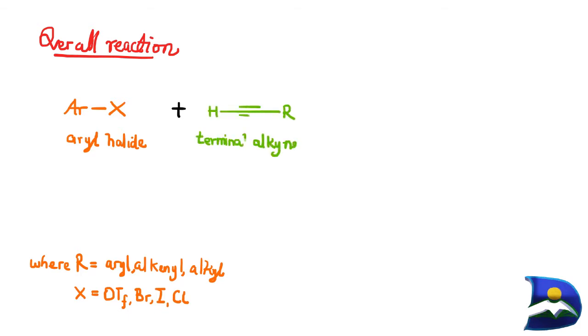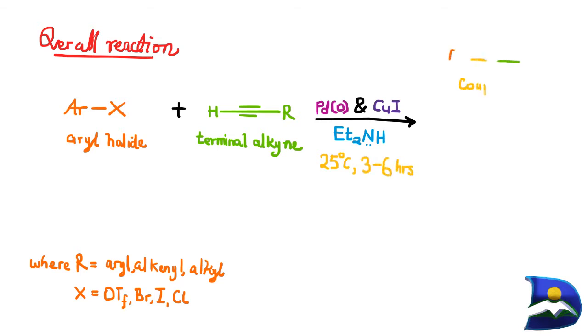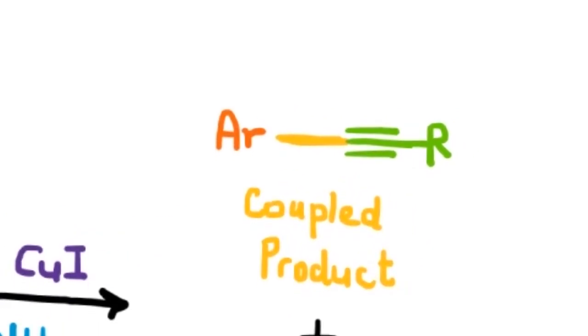This reaction is done under the presence of our palladium 0 catalyst, and our co-catalyst is copper 1 iodide, in the presence of a really interesting base, which in this case is diethylamine. This is done under mild conditions at room temperature, usually 25 degrees Celsius, and around 3 to 6 hours for the reaction to take place and lead to the formation of our desired product, the aryl alkyne, which has the triple bond in the middle, giving our coupled product.